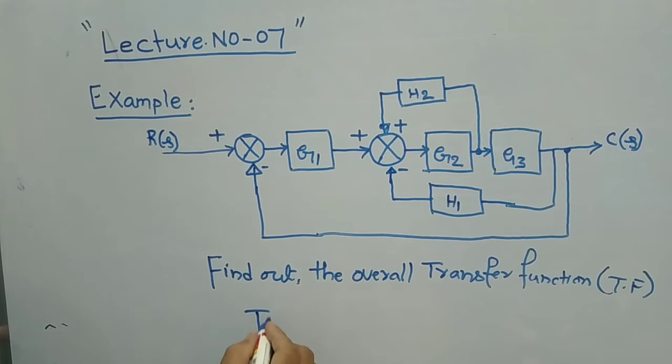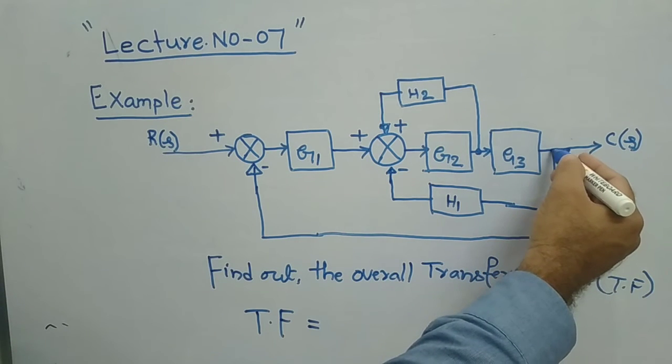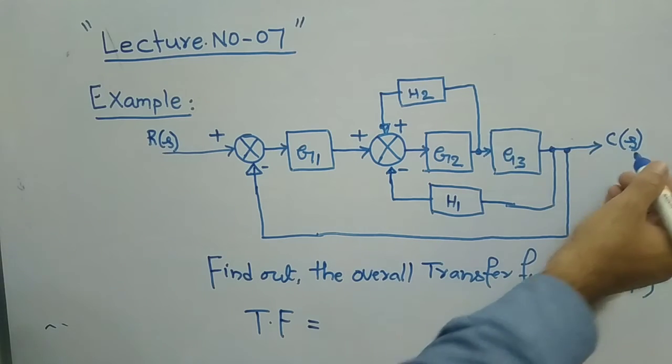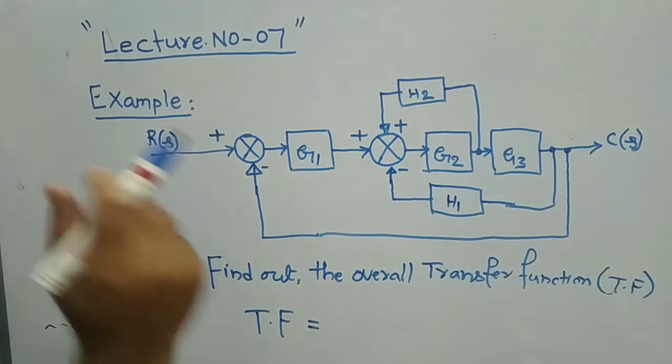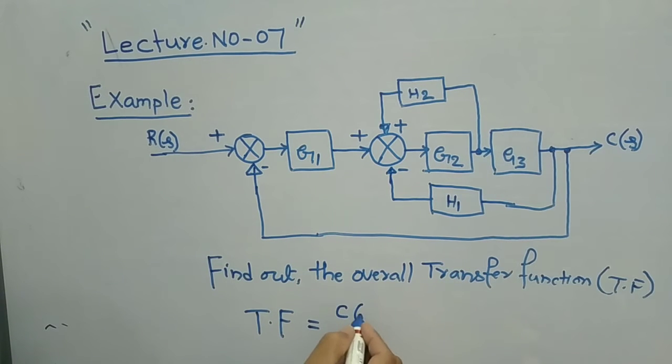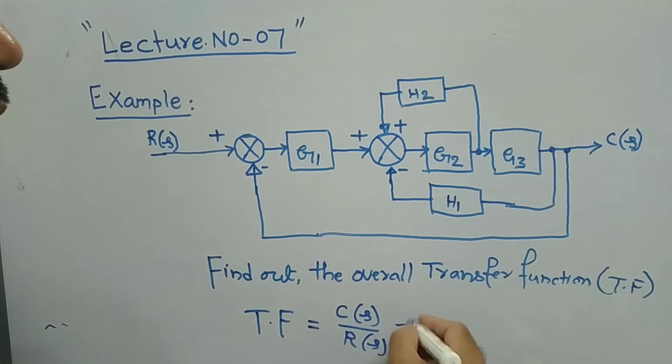What is TF? Transfer function is simply the ratio of output to input, that is C of S by R of S. This ratio you have to find out. That is our target. This is the given problem.